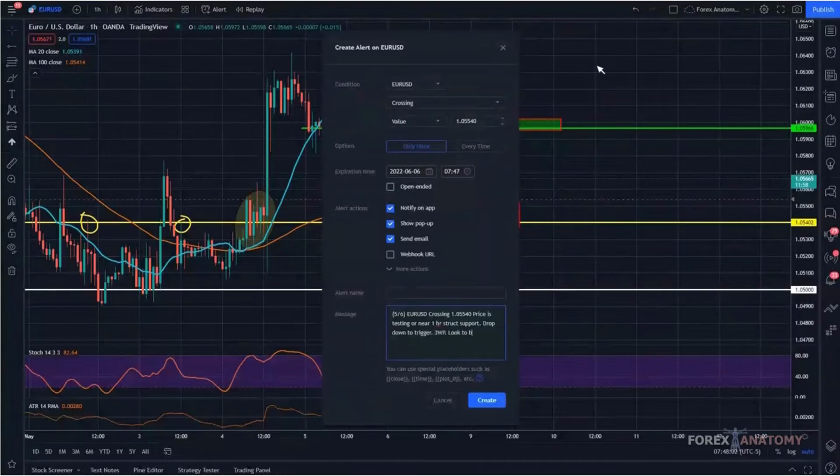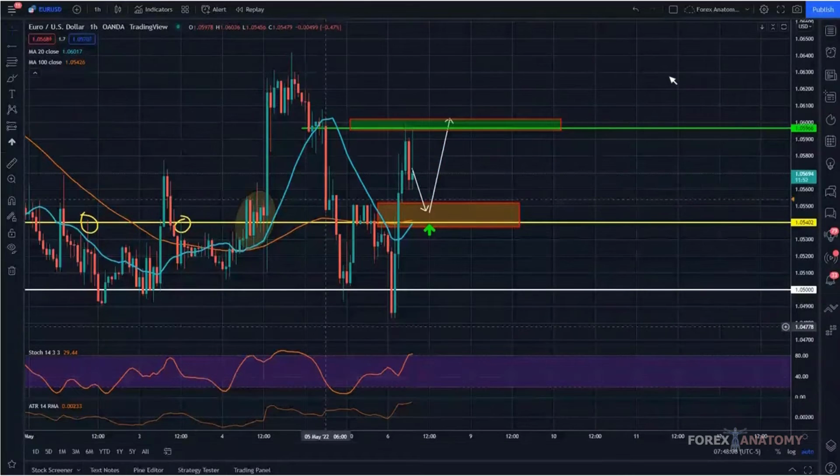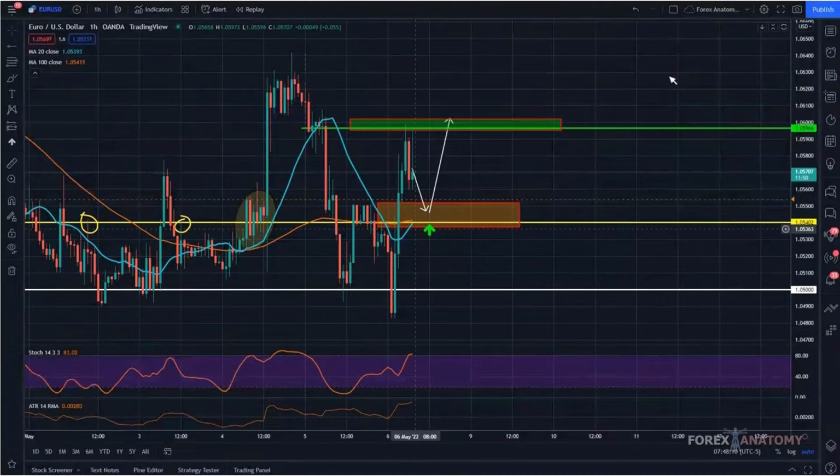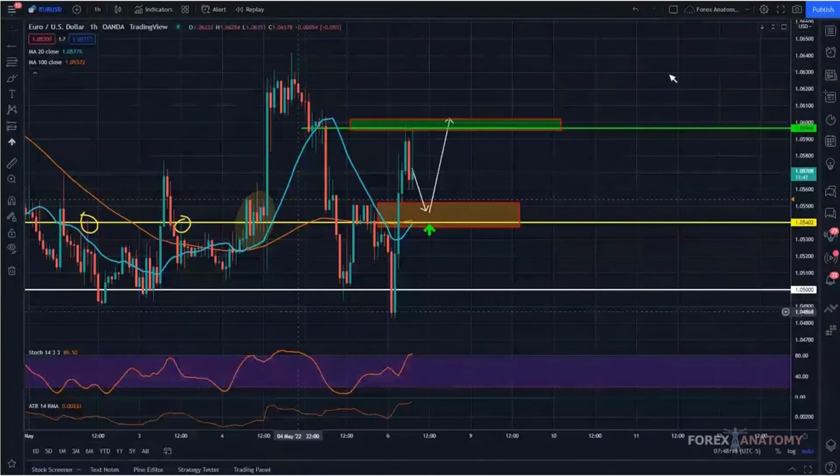Look to buy on confirm. All right. We'll come back to this. If we do see price hit this area, then we'll definitely pay attention to this particular setup on Euro USD. All right, with that said, let's move on.